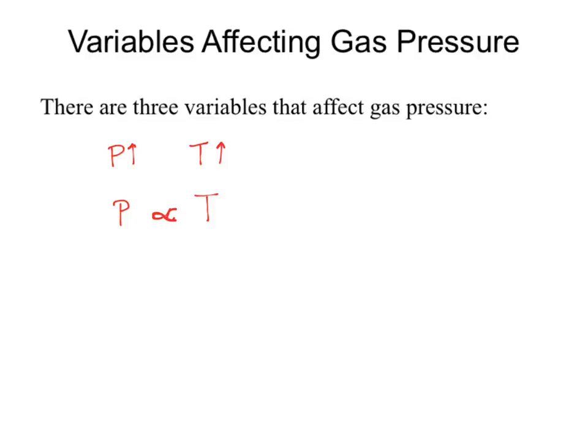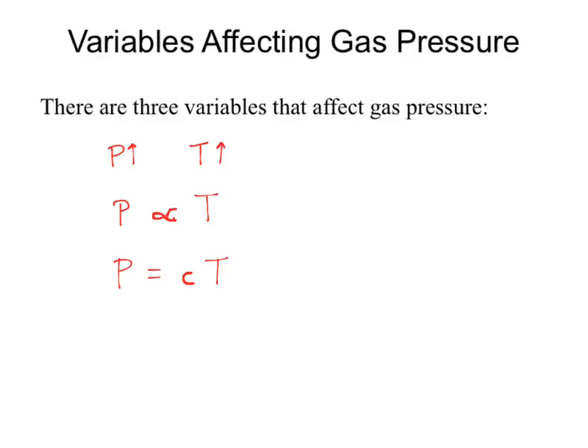As we increase the temperature, the pressure goes up, and it goes up in a linear response. So we could say pressure is equal to our temperature, but with some constant, which I'll just show as a C here. That constant is going to be dependent on a bunch of other terms that we could potentially include.